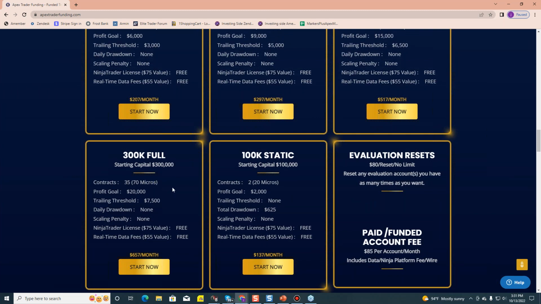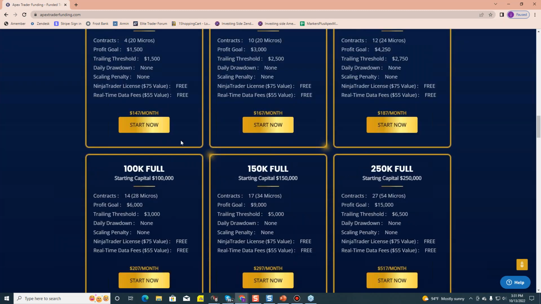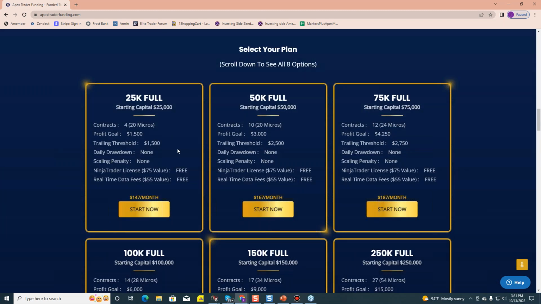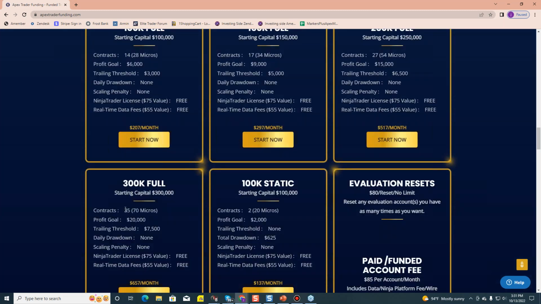Okay. Some people ask, how come it's not an even ratio with the minis and micros? Like, why can't I do 10 times the amount? Well, why would you ever want to? First of all, because think about it. If we say here you can do 35 contracts of minis, how many micros would that equate to?